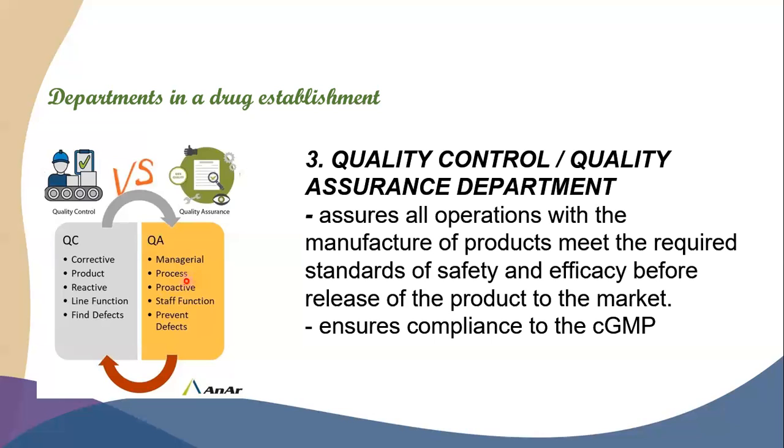When we say QC naman, this is from the manufacture itself, from the process of producing your drugs. You are already testing it. So QA is there to assure that even though you are testing, there will be prevention of defects.